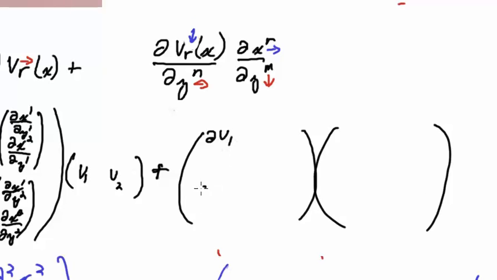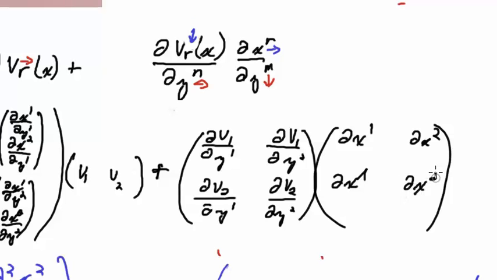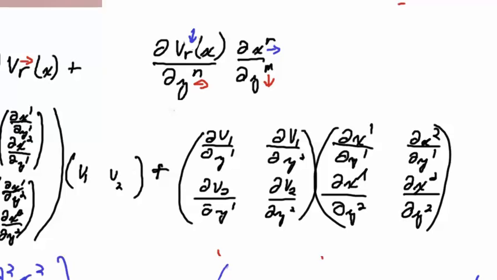Del v sub 1, del v sub 2, del y1, del y2 coming across, and then del x1, del x2 coming across, and then del y1, del y2 coming down.